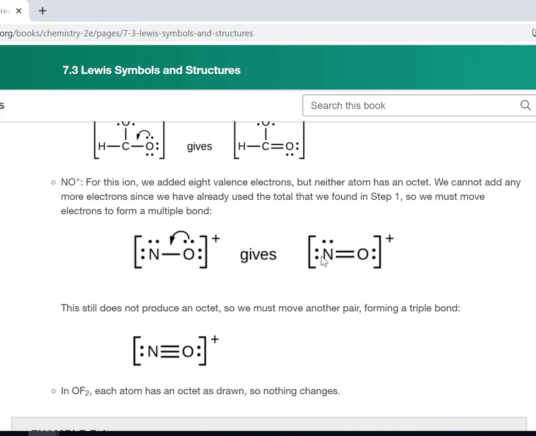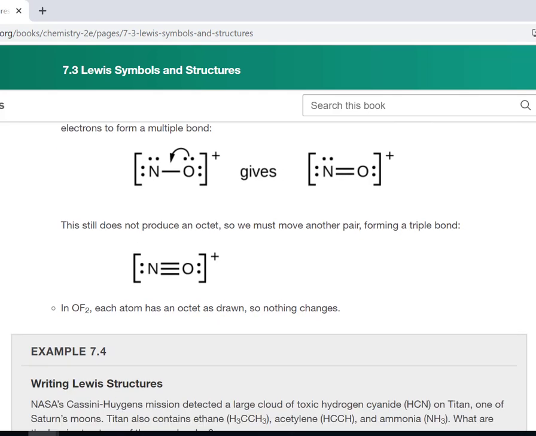So we then take these from the other one and bring them over. Then we have 2, 4, 6, 8 on the nitrogen, 2, 4, 6, 8 on the oxygen. So that is what we need to do to satisfy the octet rule. And then nothing on the last one.